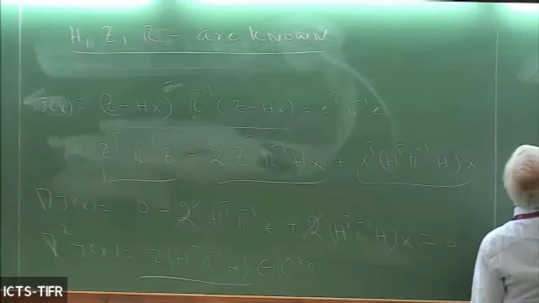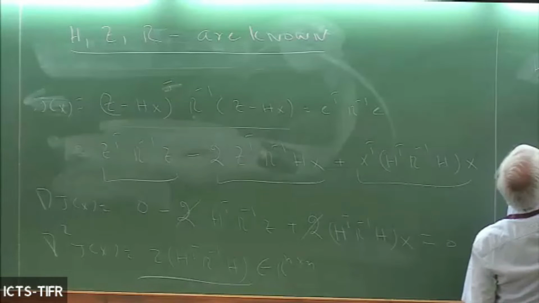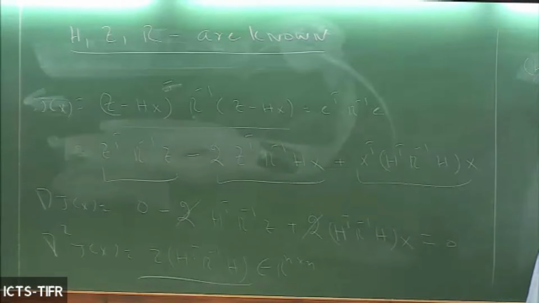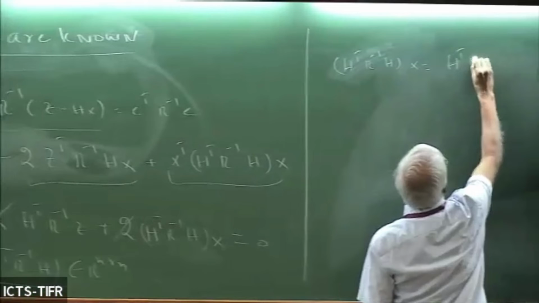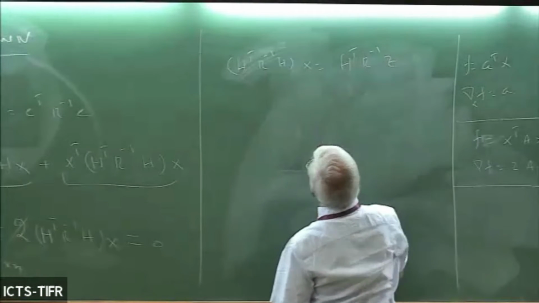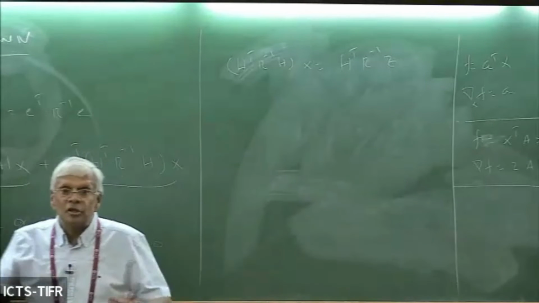The gradient equation now becomes H transpose R inverse H x is equal to H transpose R inverse Z. That's called the normal equation. If R is identity, R inverse is identity, I get back the whole system. Are you with me now? So the difference between the statistical least squares and the deterministic least squares is the presence of R inverse.